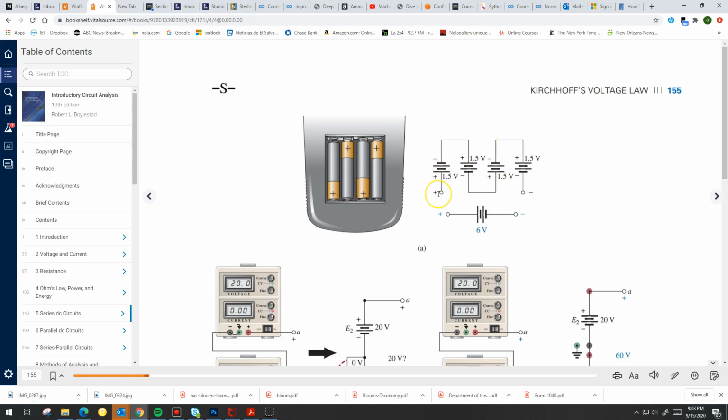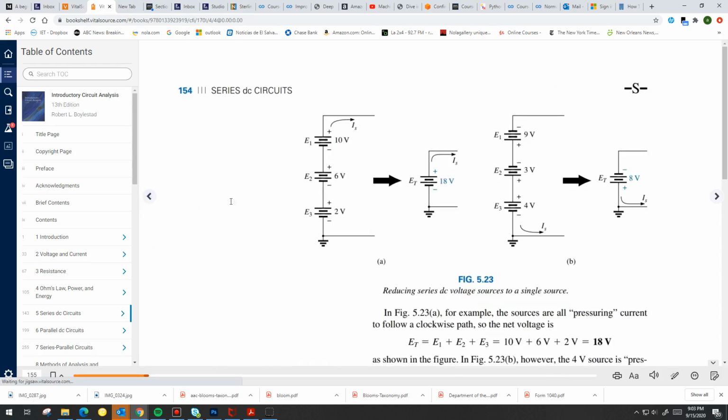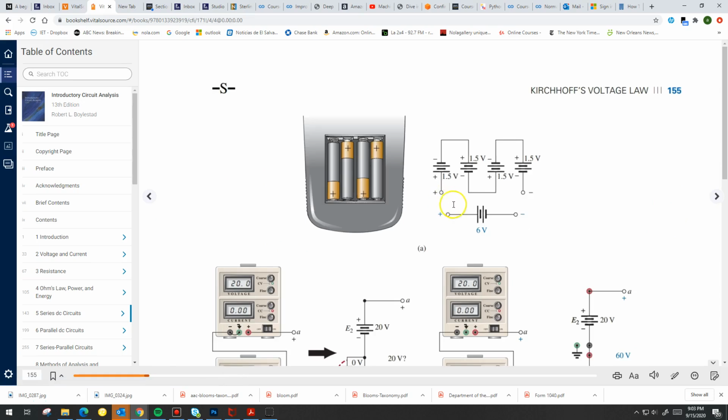So if I go from left to right, starting here, I go 1.5 volts, 1.5 volts, 1.5 volts, 1.5 volts, right? So 4 times 1.5 will give you 6 volts. See, it's the same thing we did here. The total is 6 volts.